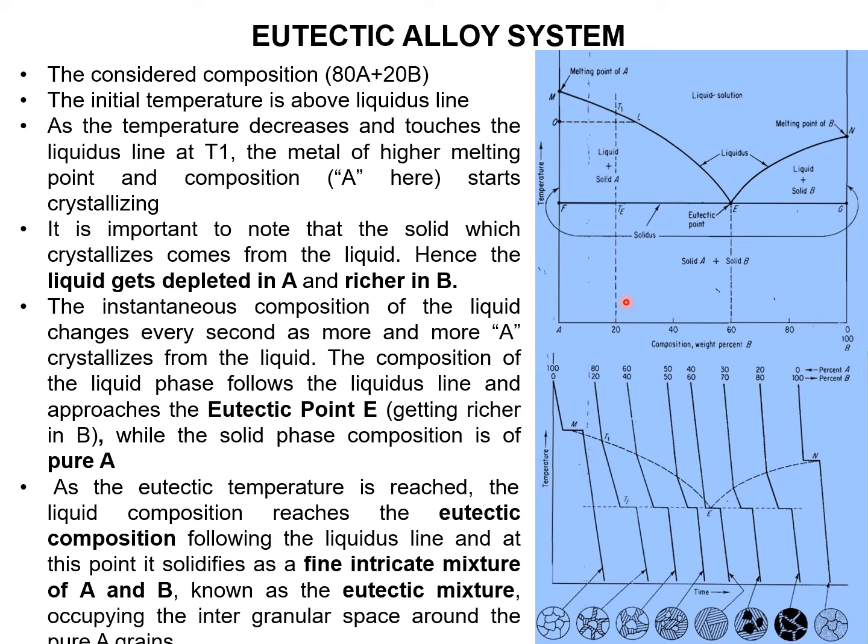Next we will see the microstructural changes at various compositions, and how the microstructures change with different compositions. Here the left side of this eutectic point we call a hypoeutectic mixture, and the right side we call a hypereutectic mixture.